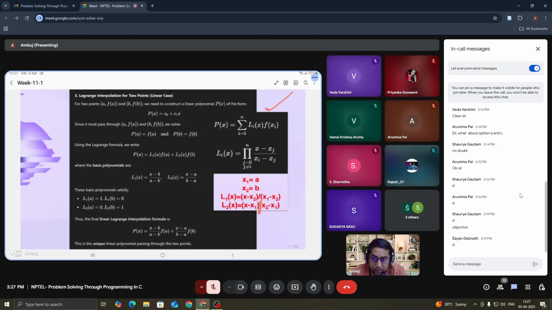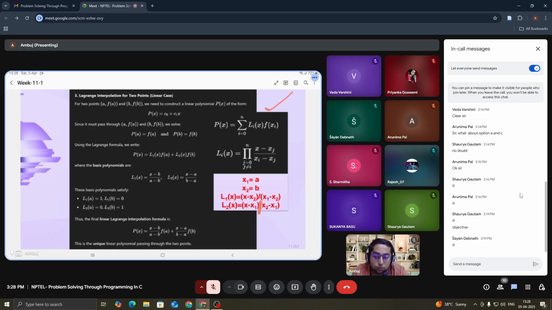These basis polynomials have to satisfy the condition L1(a) equal to 1. When you substitute a in L1(x), it will be equal to 1, and L1(b) will be equal to 0. L2(a) will be equal to 0 and L2(b) equal to 1. You can easily see this.